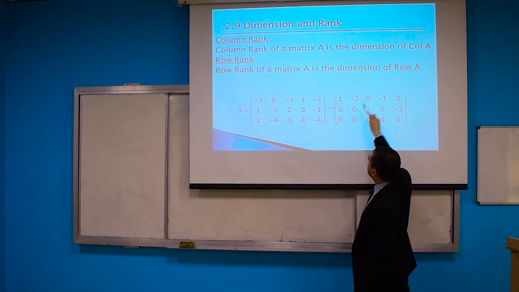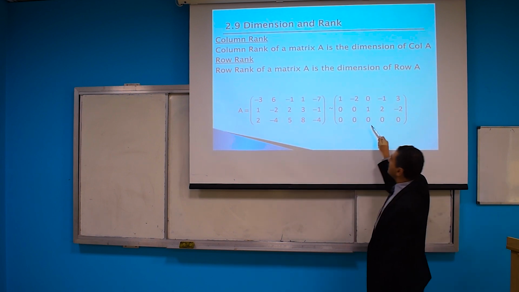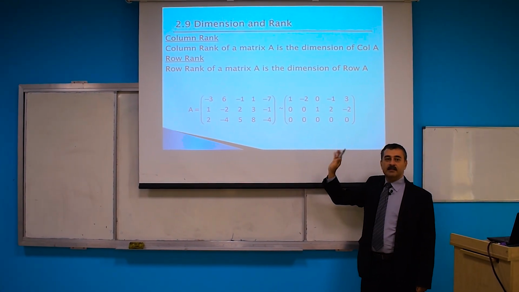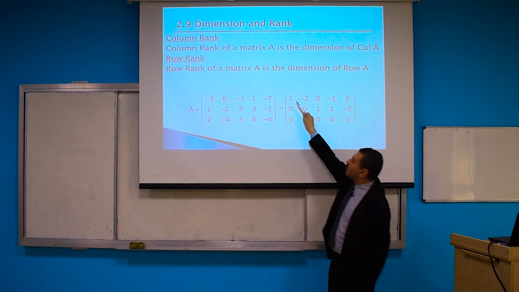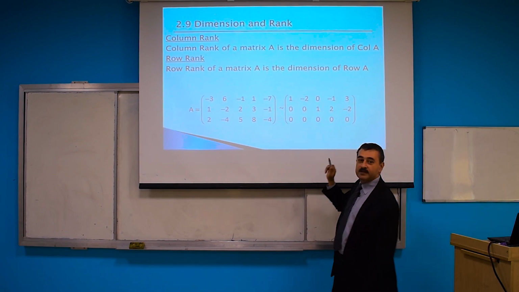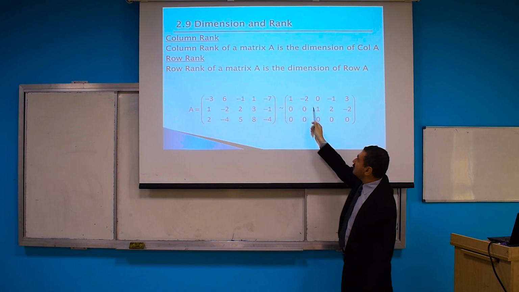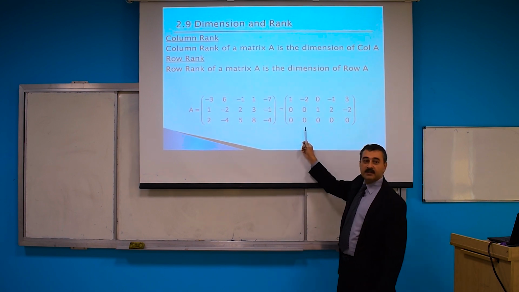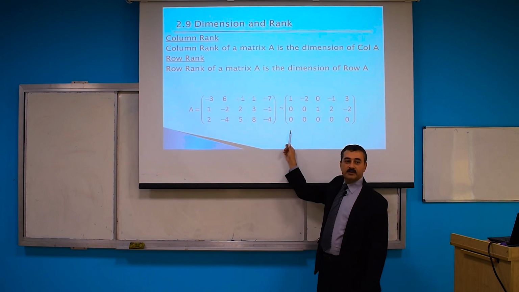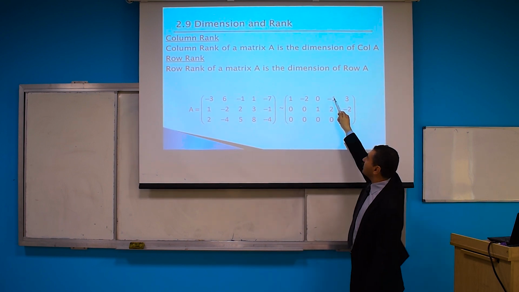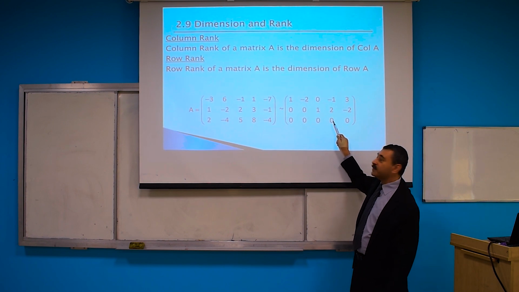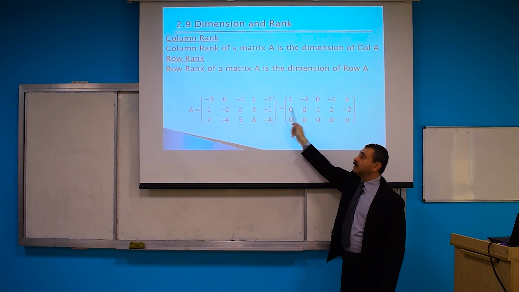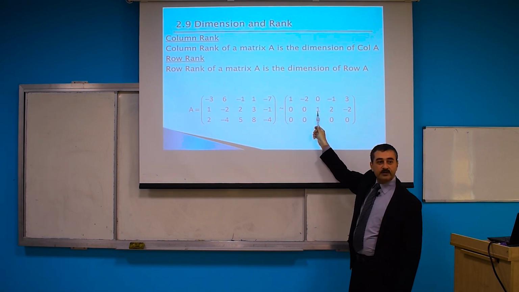These guys, 1, 0, 0 and 0, 1, 0, are linearly independent, right? The other guys, for example this vector, is negative 2 of this vector. What about this one? It is negative 1 of the first vector plus 2 of the third vector.